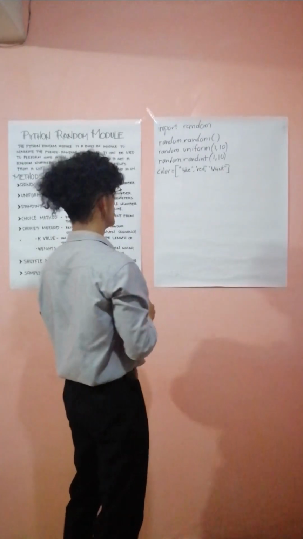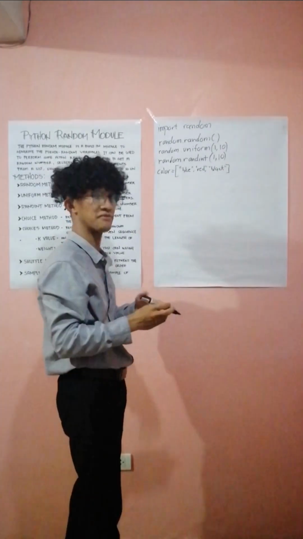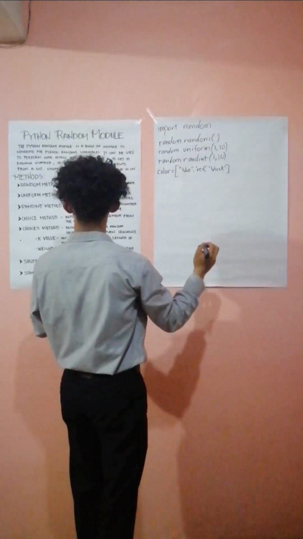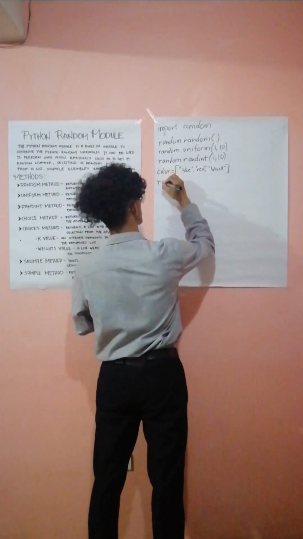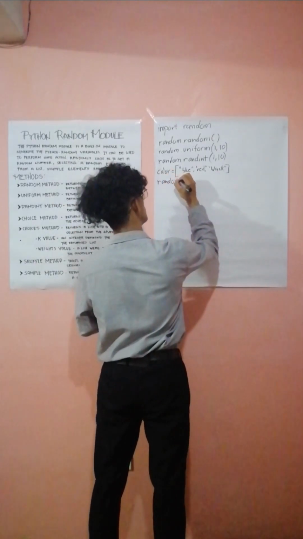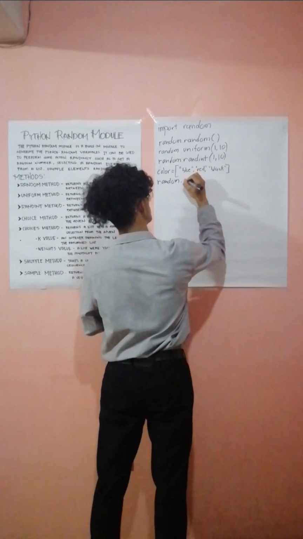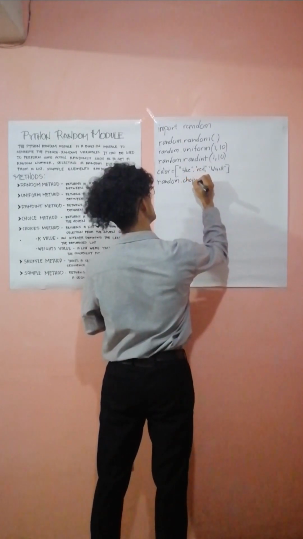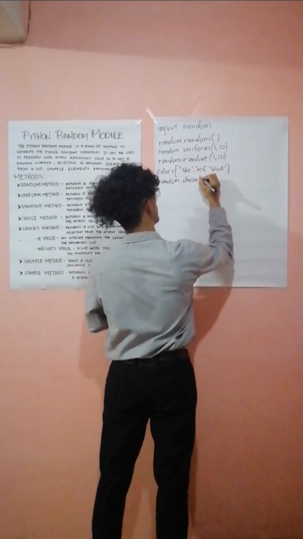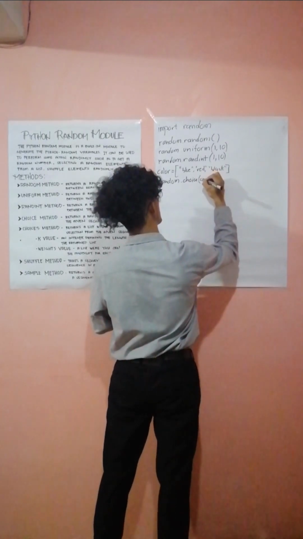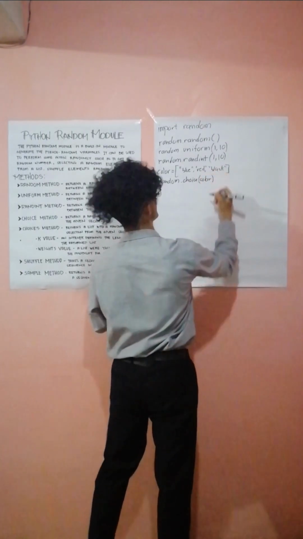So how do we choose a random element from that list? By using a choice method, we will write random dot choice, and inside is the color list.